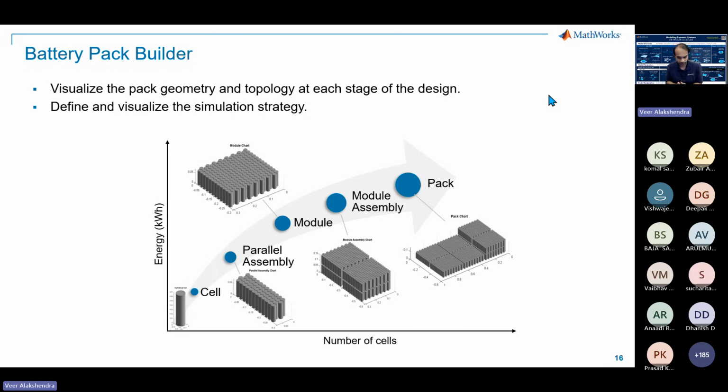There are different geometries of the cell: it can be a cylindrical cell, a prismatic cell, or a pouch cell. Then you have parallel assemblies, modules, module assemblies, and the pack. So you model by starting with the cell, then going to parallel assembly, module, module assembly, and pack.